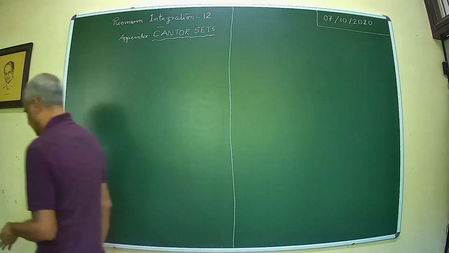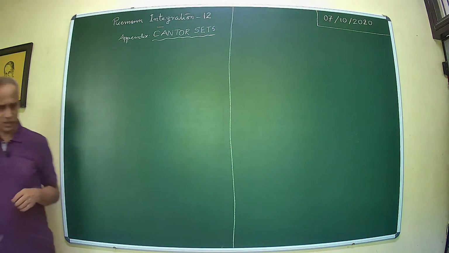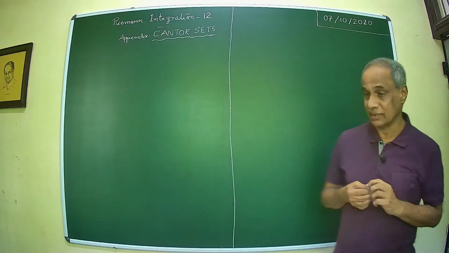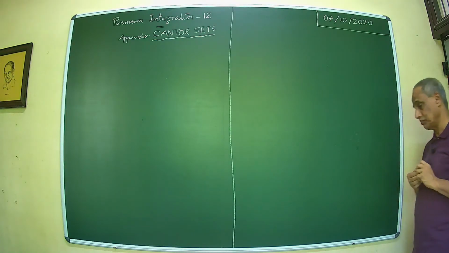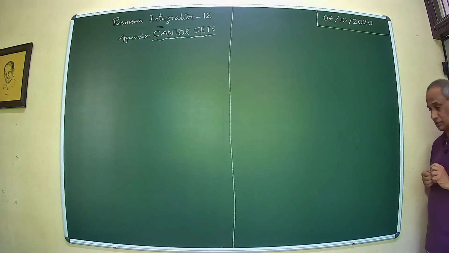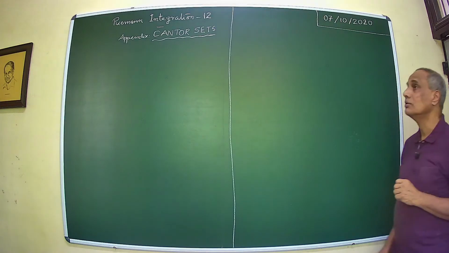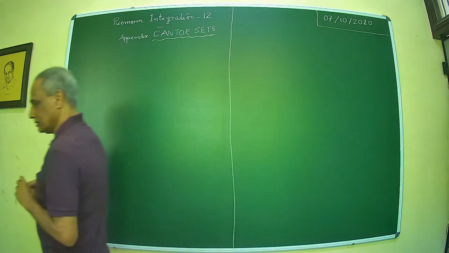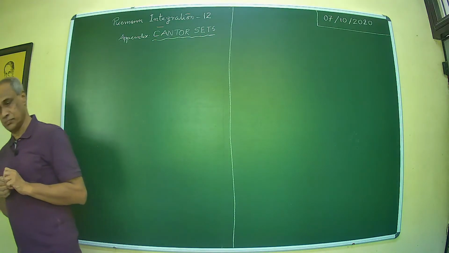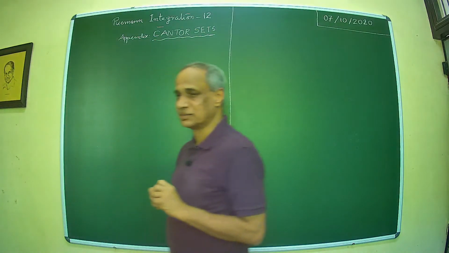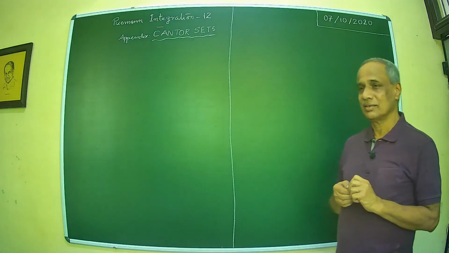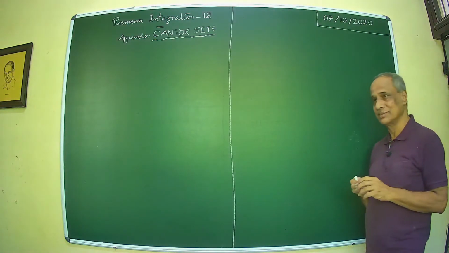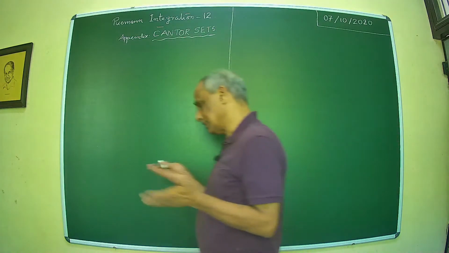It's on Cantor sets, which often is a very mysterious class of points on the interval 0, 1 with fascinating properties. And again, it provides you with wonderful examples. And you know, the real line is full of mysteries, as you will see in this case also.